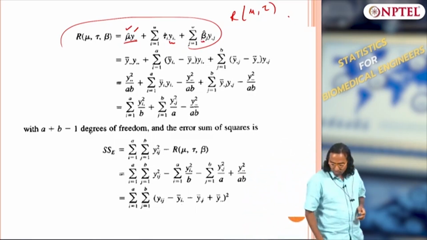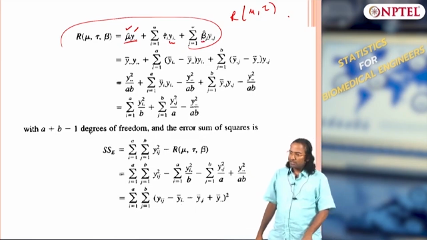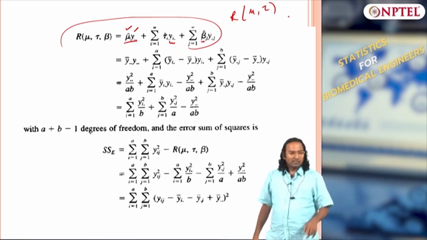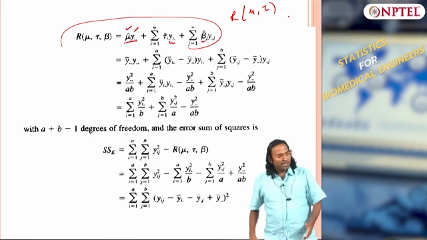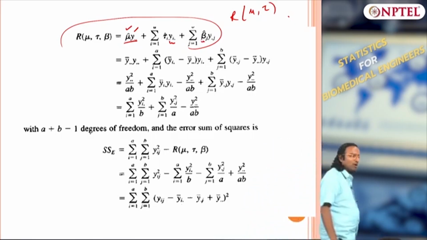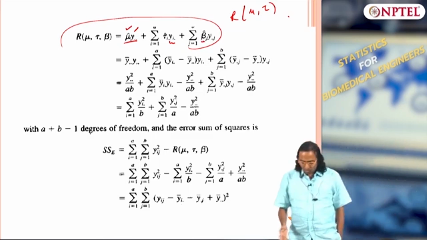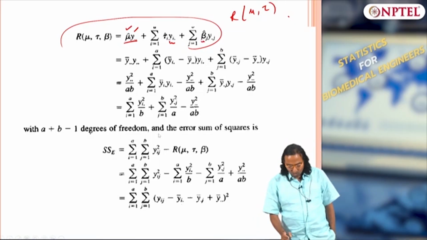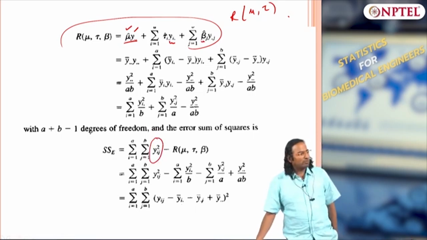From that you can calculate the sum squared error also, right. Sum squared error is nothing but the overall variability in the data minus the variability explained by the model. The variability explained by the model is R mu comma tau comma beta, that is here, and the overall variability in the data is the square of the data itself, y ij squared.